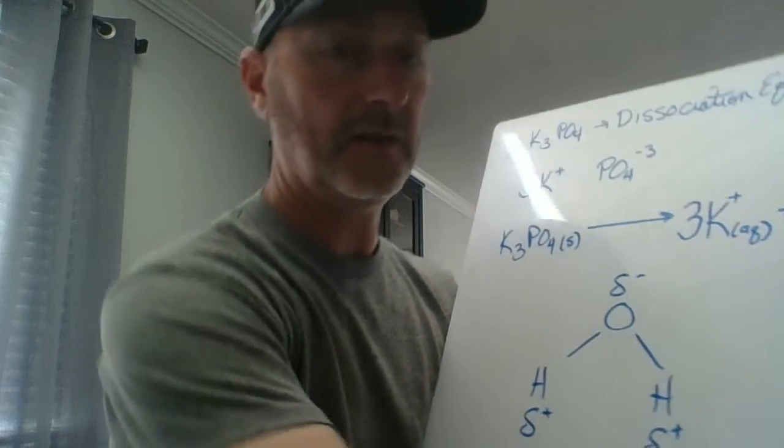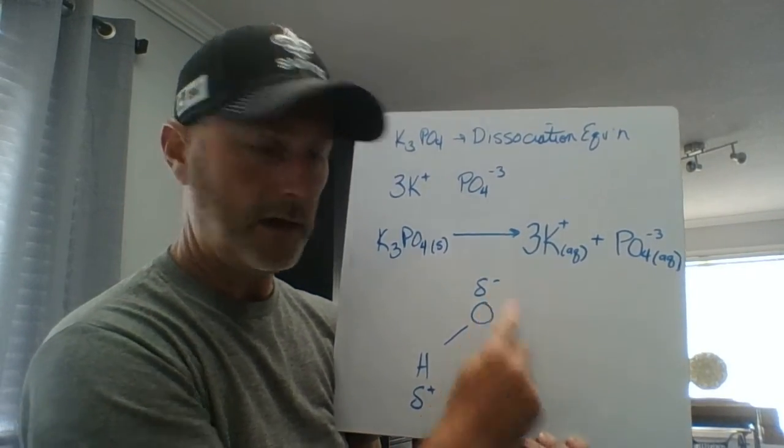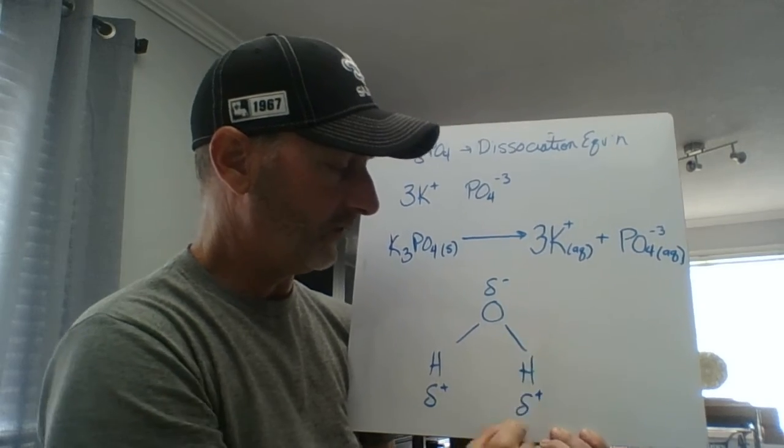Well, ethanol is the exact same thing. And that ethanol being the same is what tells us why it's able to dissolve in water. Because if ethanol is essentially the same, then ethanol is going to have a positive end as well, and a negative end, just like water does.